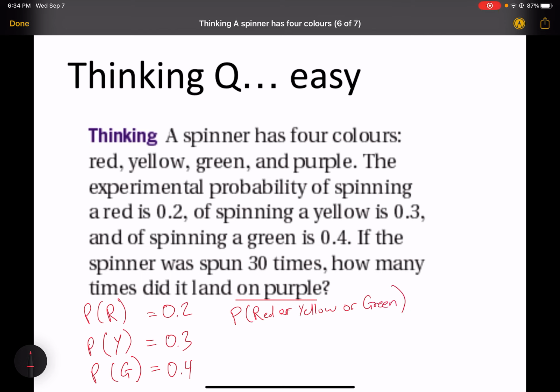So it's a 90% chance that it'll land on these. And there are only these 4 colors. That is 90%, which makes purple 10%.